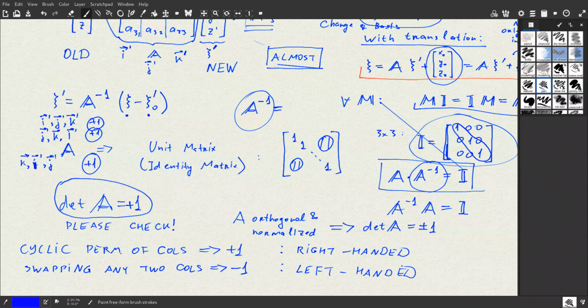Okay, and returning to our original question. So the determinant of our matrix is +1. The matrix is orthogonal. So what is in this case the inverse of our matrix, A to the power -1?